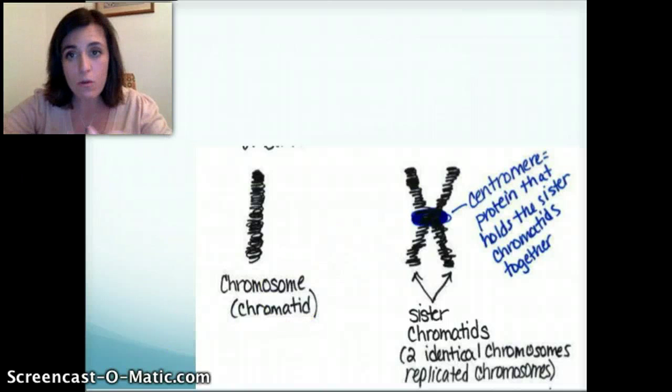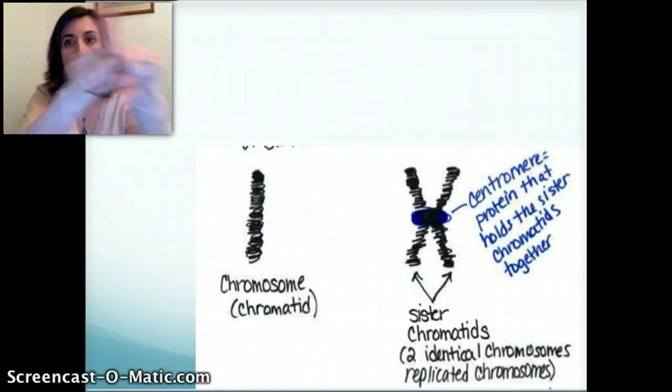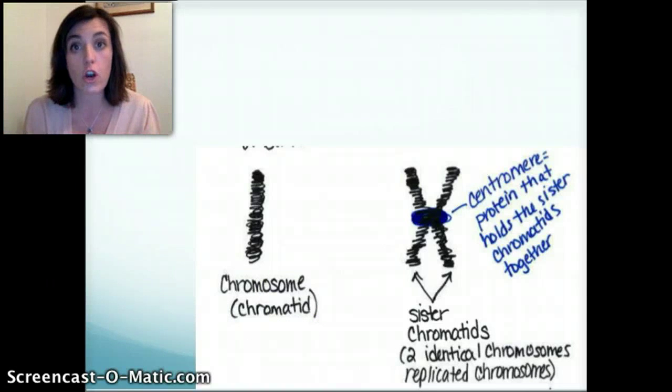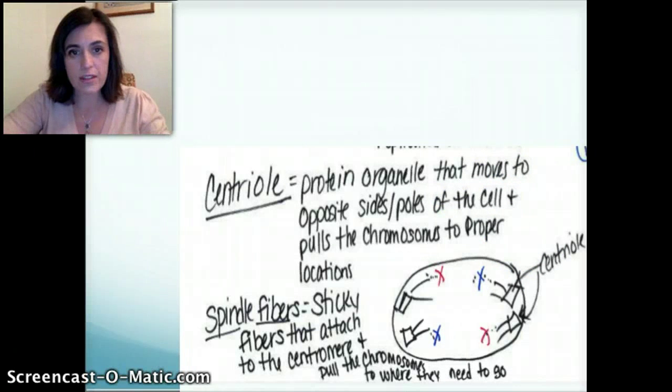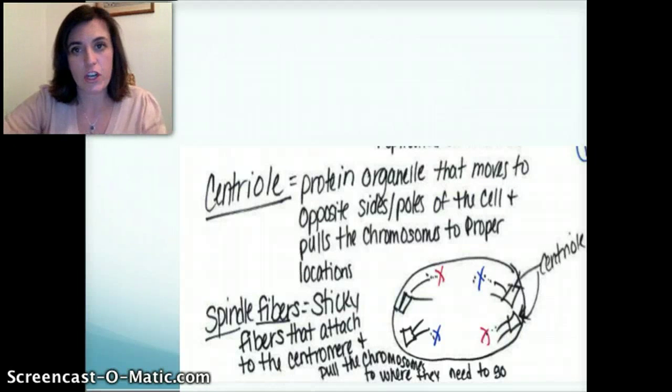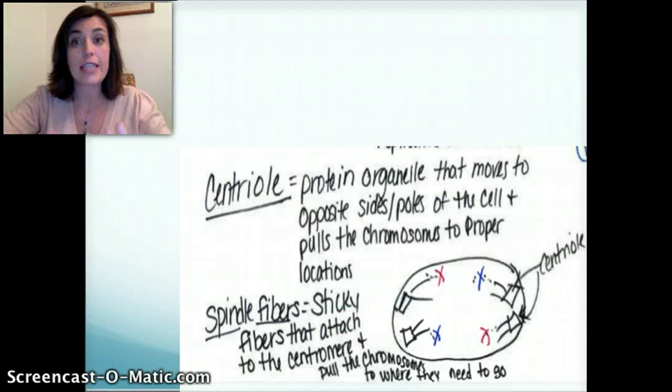Okay, so how are we going to move those two sister chromatids around in the cell, where they need to go when they need to be there? That's where these really cool things called centrioles come into play. These guys are super stealthy. They only appear during division. You don't see them in the cell unless the cell is dividing.